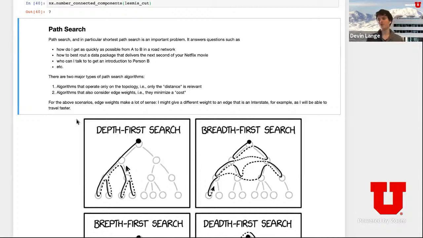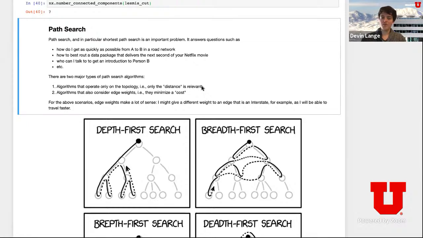Routing information over networks, or I need to get a message to the president. Who in my social network can I hop to from one person to the next to get to that person? There are two different ways to think about this path search.